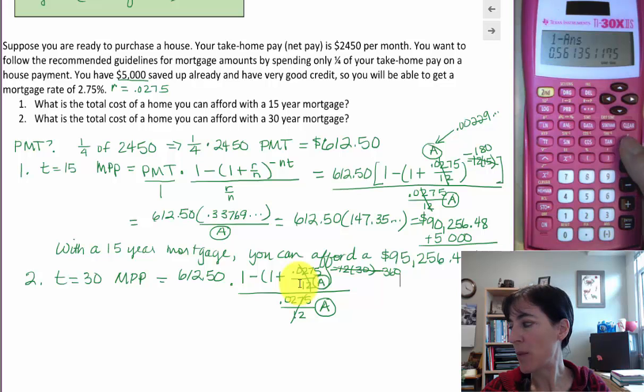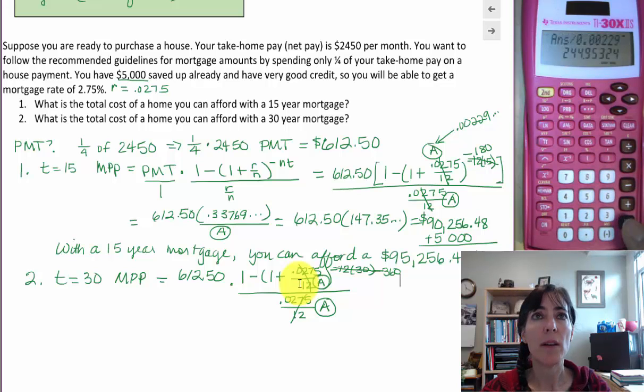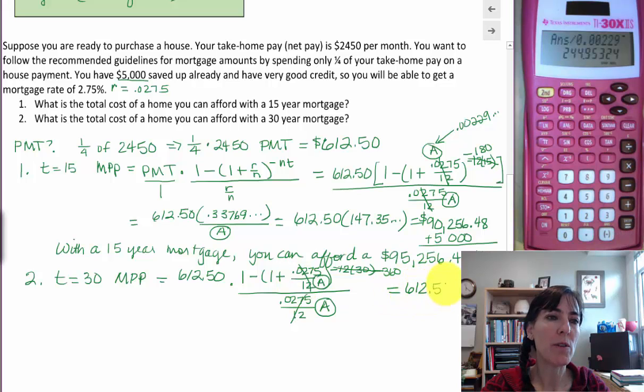And then divide by A. So at this point we have 612.50 times 244.95, and it goes on.